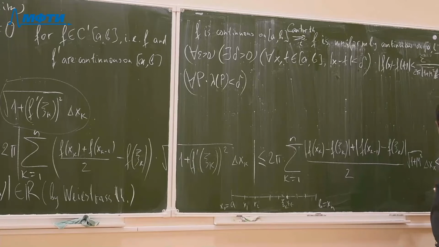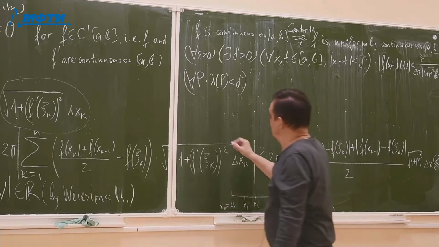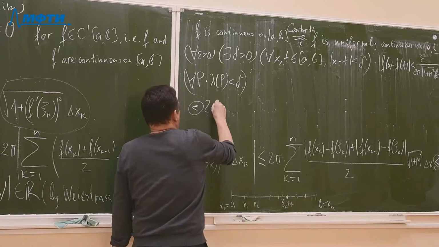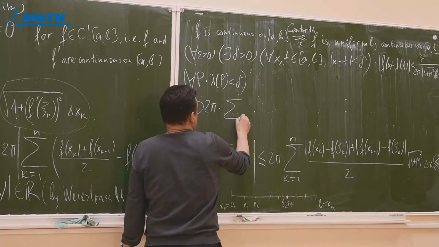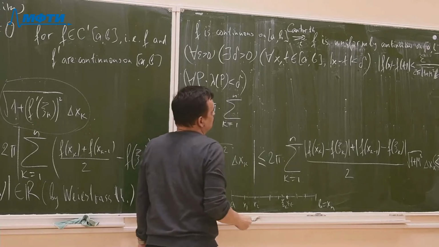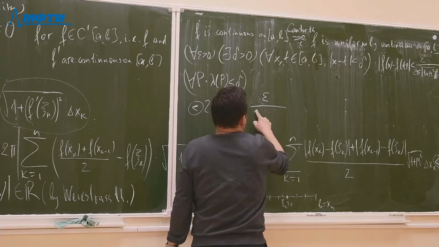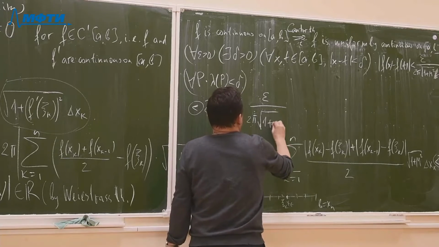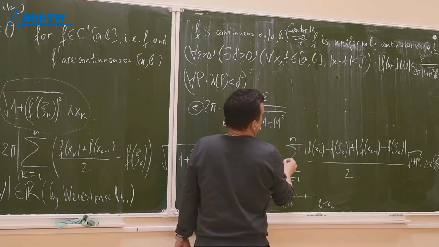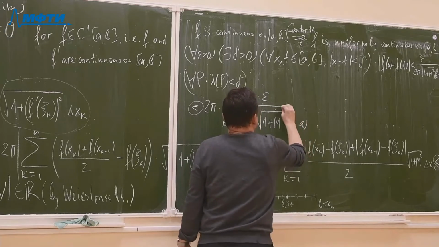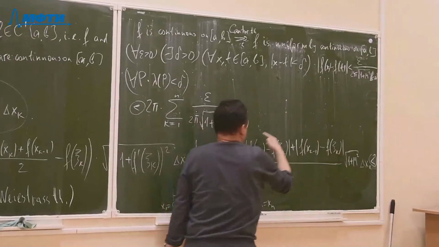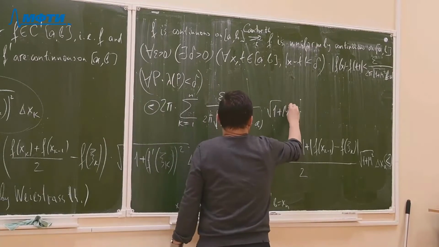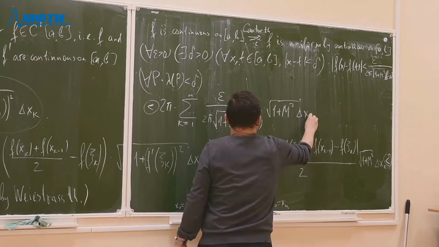So I put it like that, less than 2 pi times the sum k from 1 up to n, epsilon over 2 pi square root of 1 plus m squared times b minus a, that is the estimate for this fraction, then times square root of 1 plus m squared delta xk.